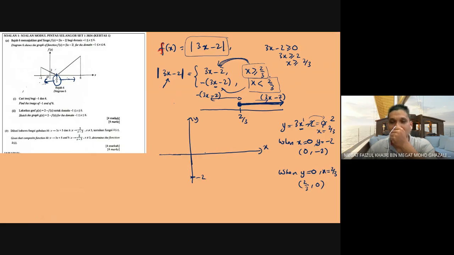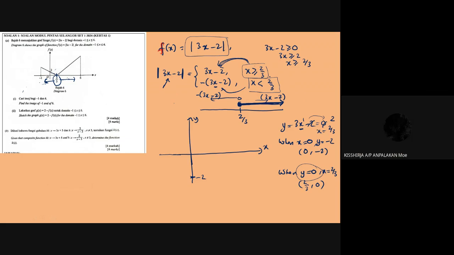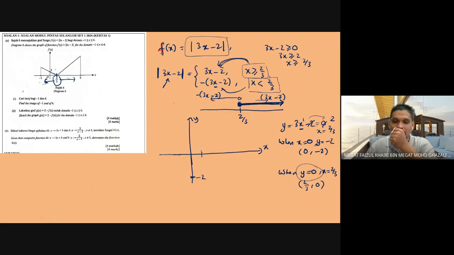If the graph intersects the y-axis, x equals 0. If the graph intersects the x-axis, y equals 0, the opposite of that. So 2/3. I always tell my students to just remember this. Then sketch the graph of this.